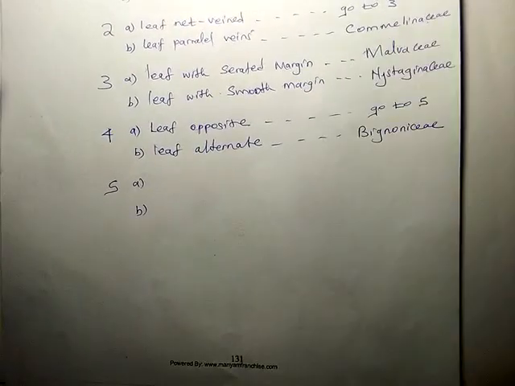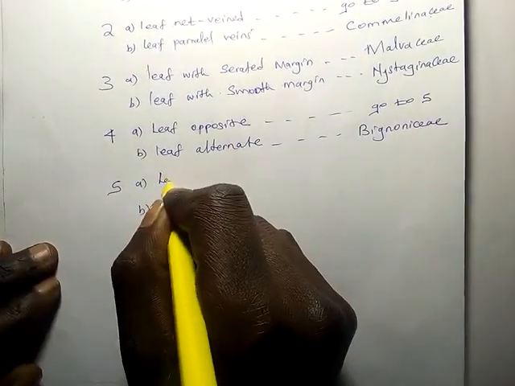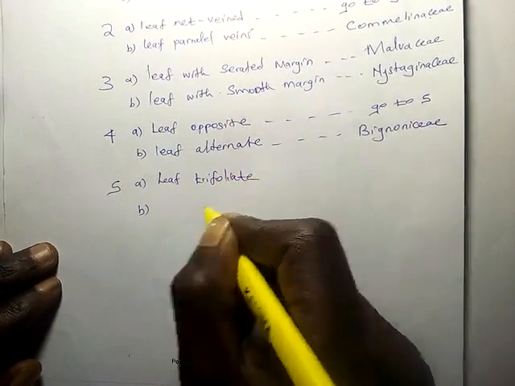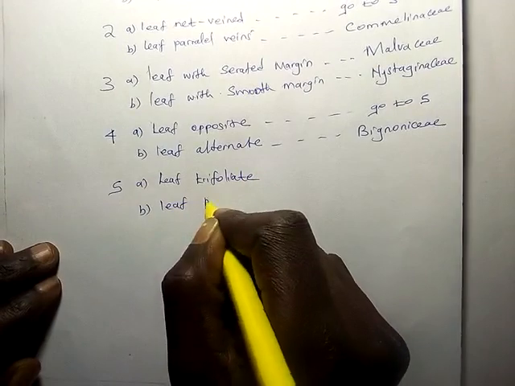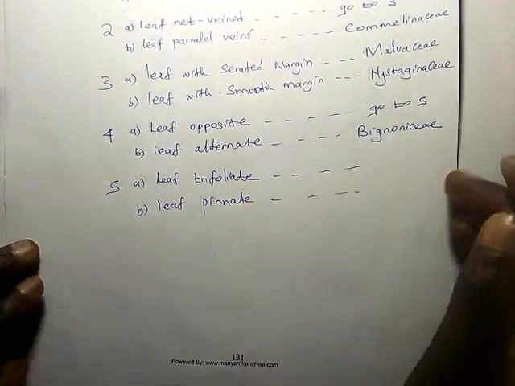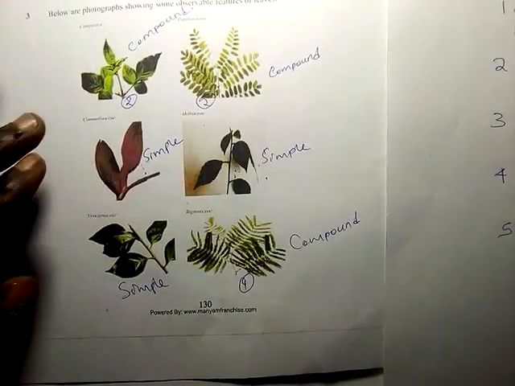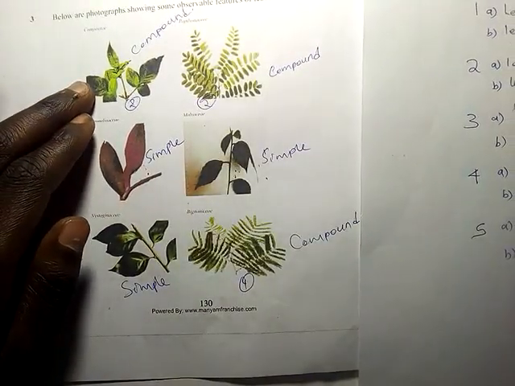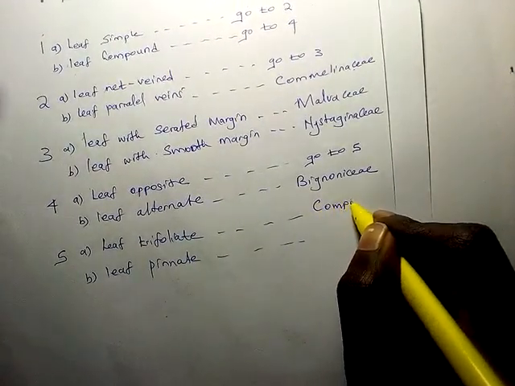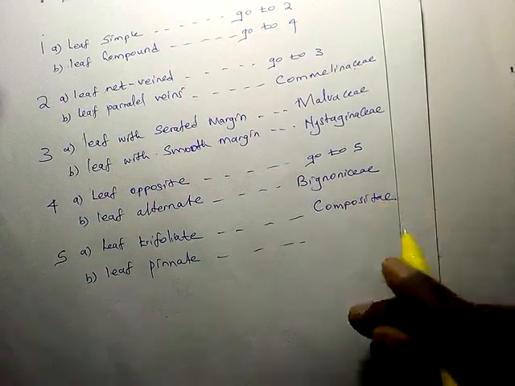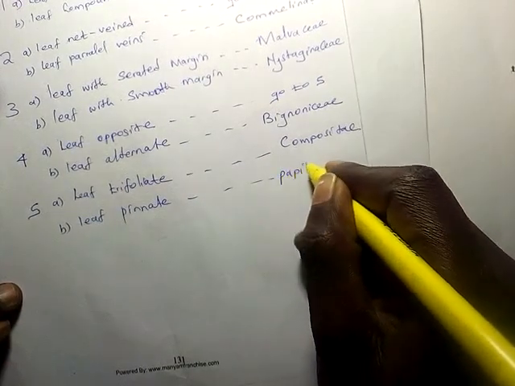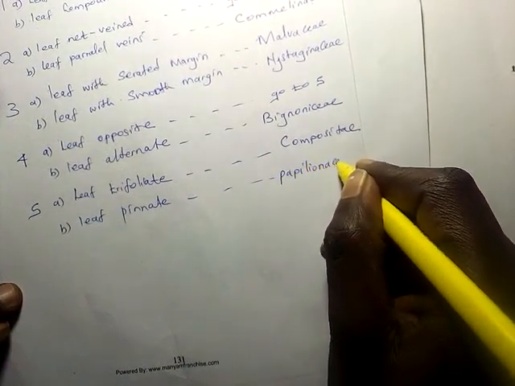I will say leaf trifoliate, and then leaf pinnate. Now automatically you write the names where the leaf trifoliate is the Compositae, and the other one is Papilionaceae.